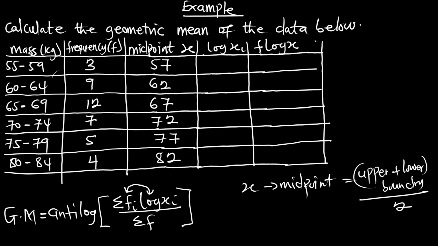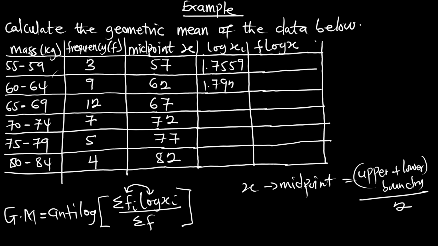Now we are going to find log x, which is going to be log of the x, which is 57. Are we okay? So this is going to give us 1.7559. This is giving us 1.7924. Always write it to 4 decimal places for the log.